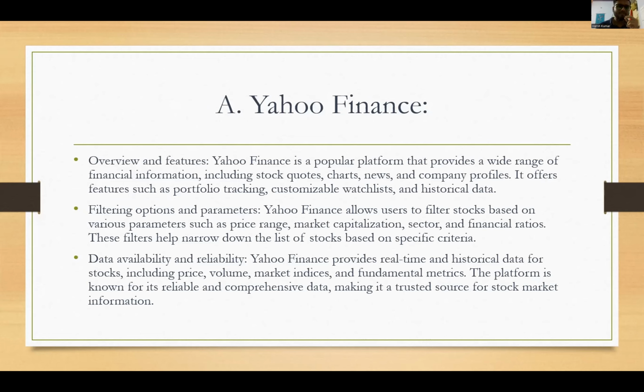It has features for tracking the portfolio of the company, watch lists, etc. It also offers filtering and various other parameters, like we can filter based on market capitalization, sector, financial ratios, etc. And the data available is real time, and we need to use a trusted API, as the stock market is very sensitive to time and other things. The platform is known for its reliability and comprehensive data, making it a trusted source of stock market information.